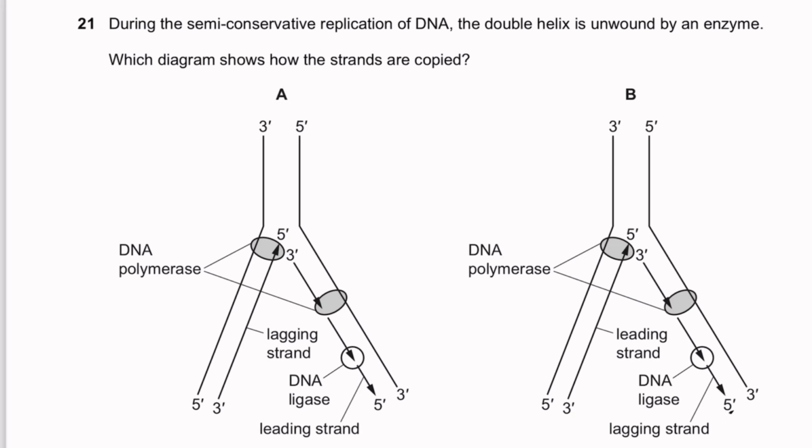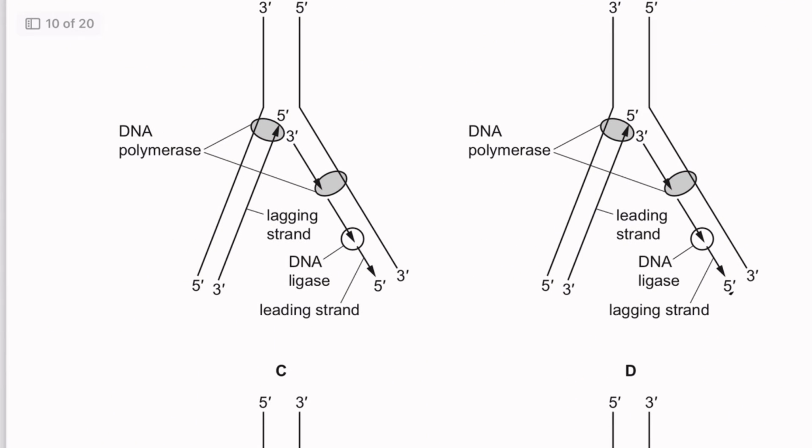Okay, replication of DNA. The double helix is unwound by an enzyme. Which diagram shows how the strands are copied? So you have to remember that the strands are going to be copied. When DNA polymerase copies the strands, it goes in the 5' to 3' direction. So we're going to look for the leading strand, which means basically that when DNA polymerase copies that strand, we're not going to have any gaps or Okazaki fragments. We're going to have a complete line, and everything's going to be fine.